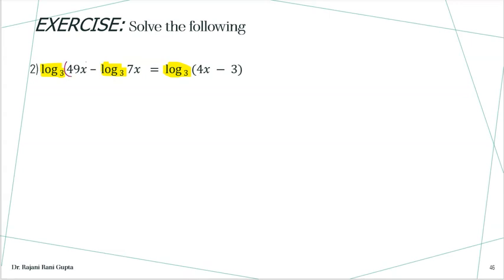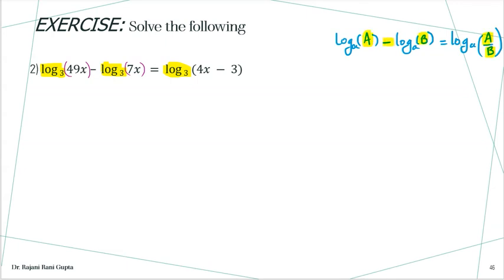So combining these two, this is 49x and here 7x. So remember the rule for this. The rule that you have to use is log A minus log B. The base is same, say A. So when it is minus, the rule says that you divide A with B. The number inside the log get divided.